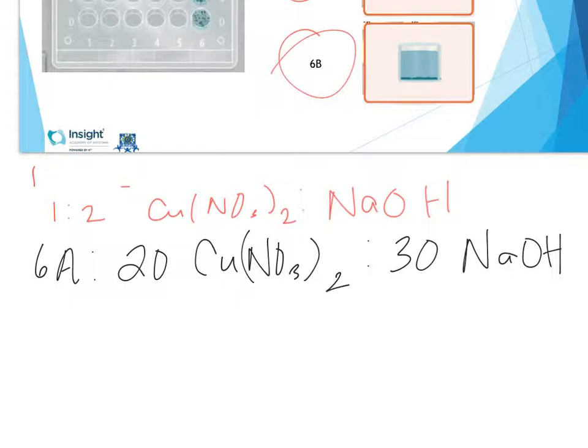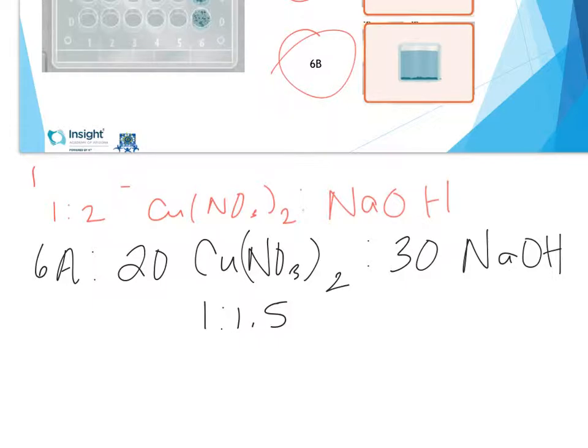I want to simplify that ratio so that I can compare it to 1:2. While this is a bad thing in math class, in science class it actually helps to get this down to decimals. So 30 divided by 20 gives you 1.5, and 20 divided by 20 gives you 1. So this is a 1 to 1.5 ratio. Not quite 1:2, but close.